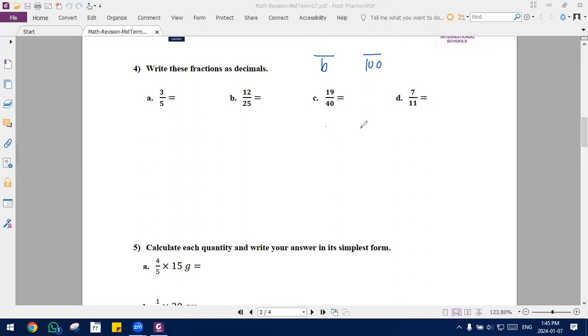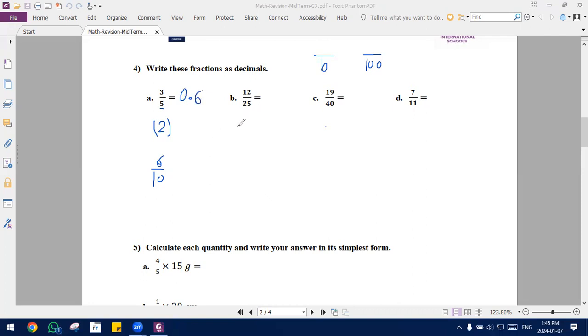If I cannot, then we will do another method. But first we should check, can I make it 10? Can I make it 100? Let's see. So the first one, we have over 5. If I multiply it by 2, it will be 6 over 10. 6 over 10, very easy to write as a decimal, 0.6.